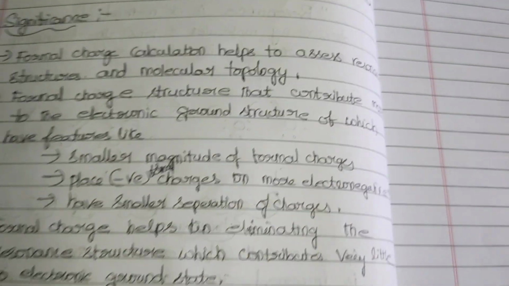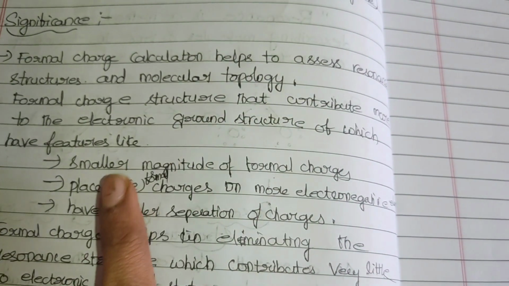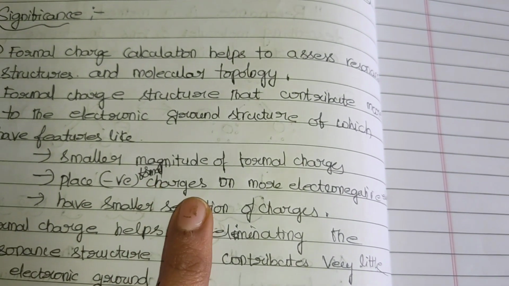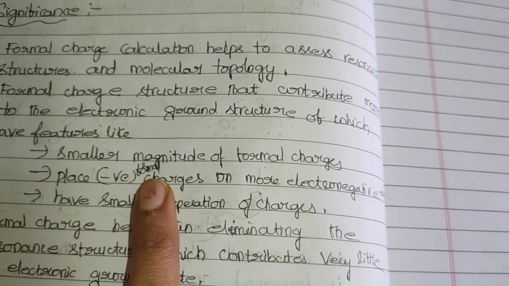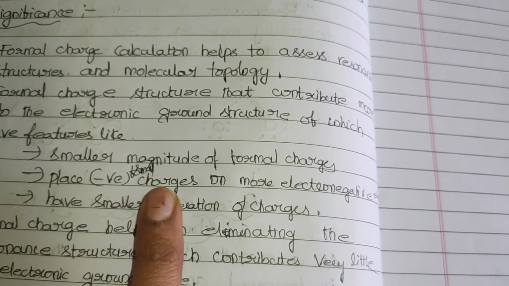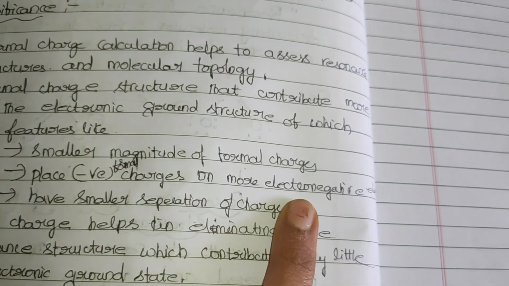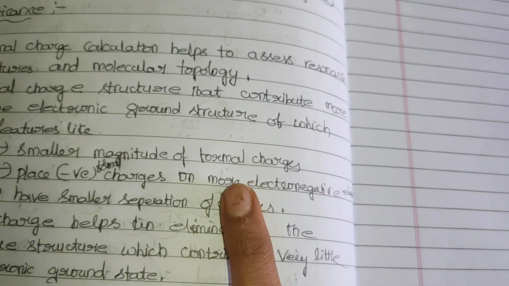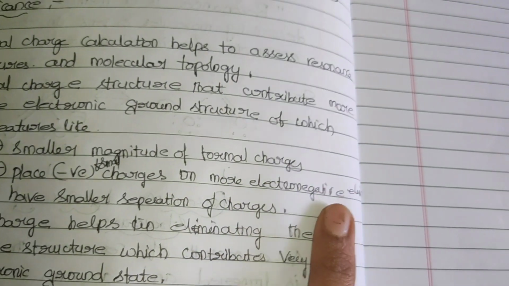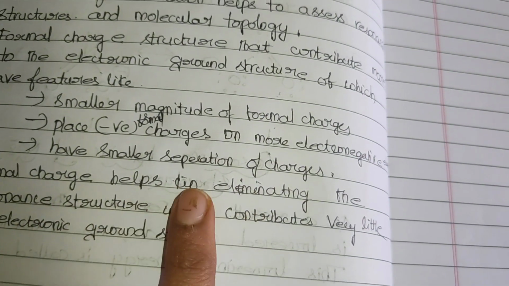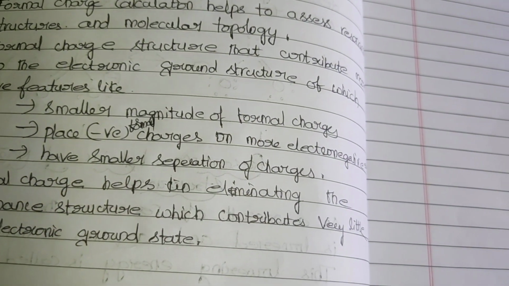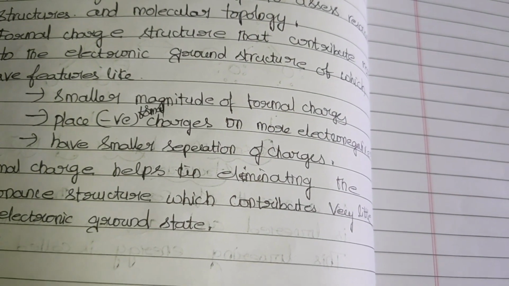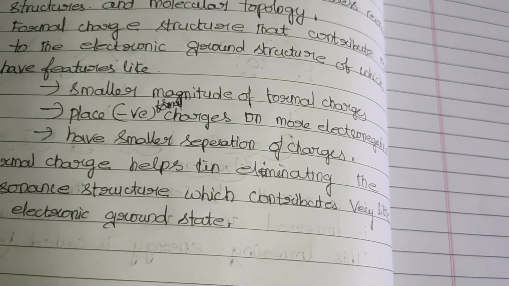It has some features, like formal charges will have smaller magnitude, and the atoms which have negative formal charge are the more electronegative elements, and they have very small separation of charges. The charges will not be separated more.